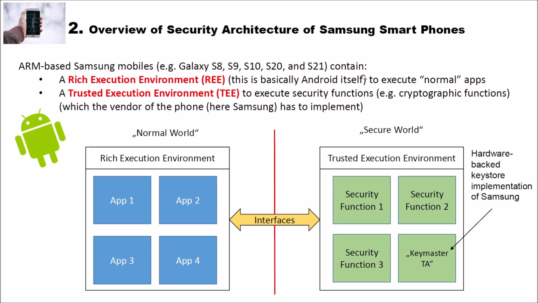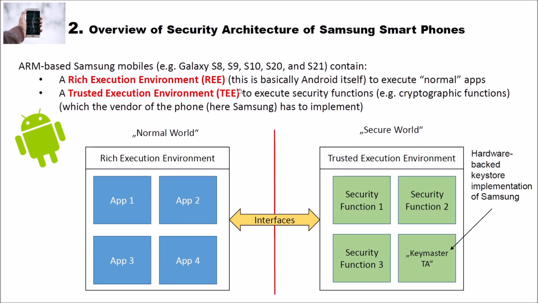Since it is very difficult to make all these apps secure, Google invented a second part, the Trusted Execution Environment, or TEE. This, for instance, only executes our security functions. So you only need to secure the TEE, the parts that perform the cryptography, for instance. The Rich Execution Environment could even be insecure as long as the TEE, the Trusted Execution Environment, is secure.